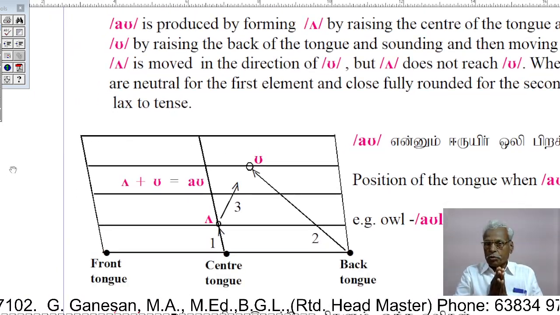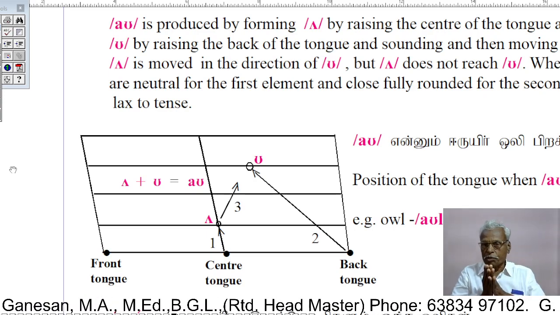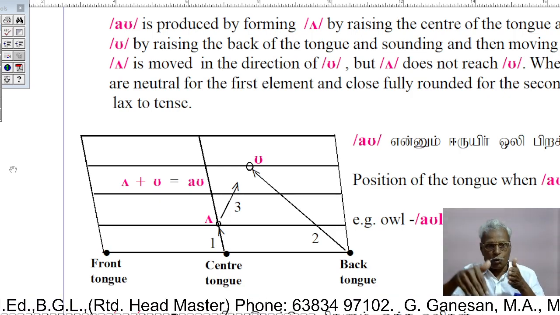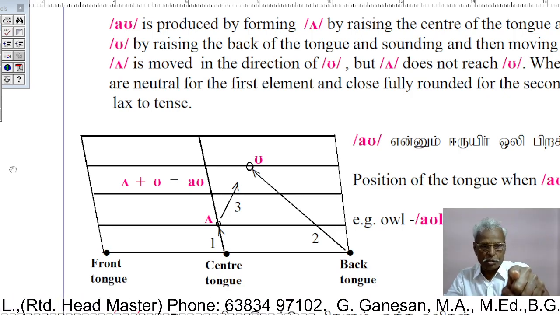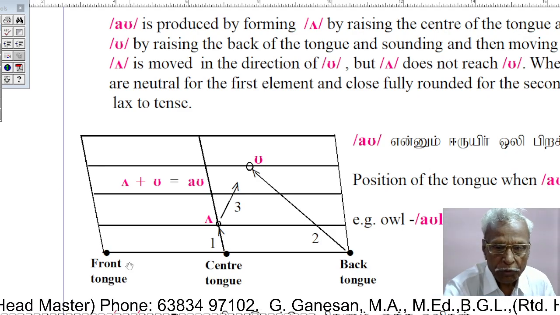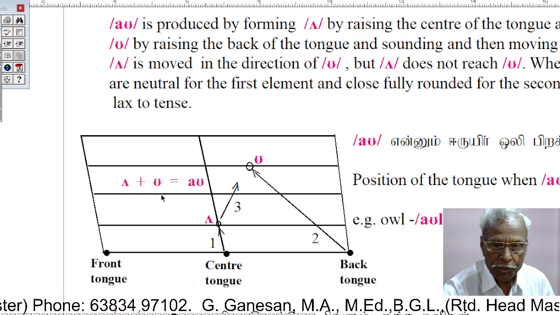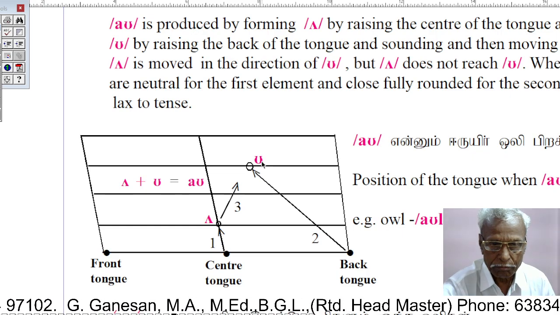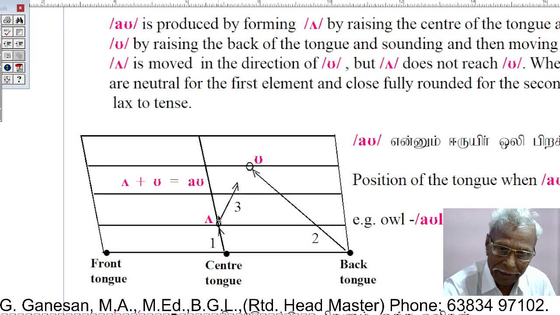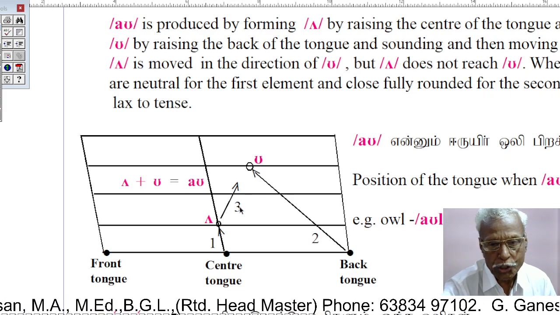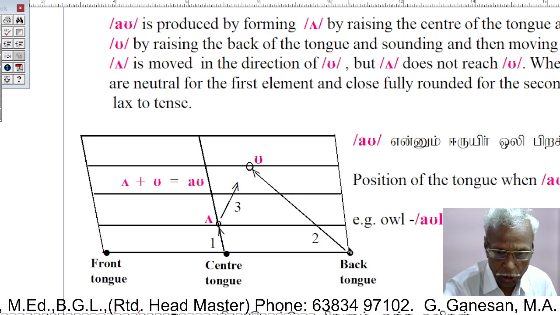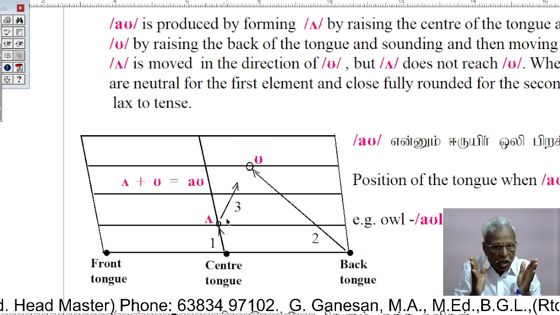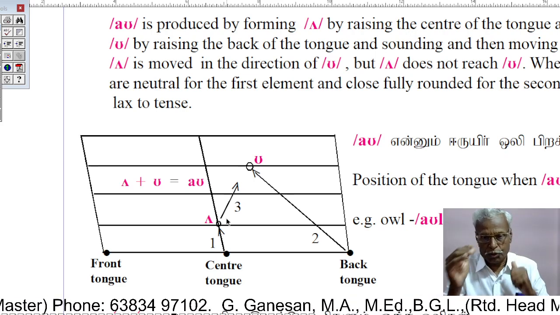See how /aʊ/ is produced by forming /a/ by raising the center of the tongue and forming /ʊ/ by raising the back of the tongue and sounding, and then moving /a/ towards /ʊ/. First /a/ is produced, then /ʊ/ is produced, thirdly /a/ is moved towards /ʊ/. That's all. This is the way /aʊ/ is produced.